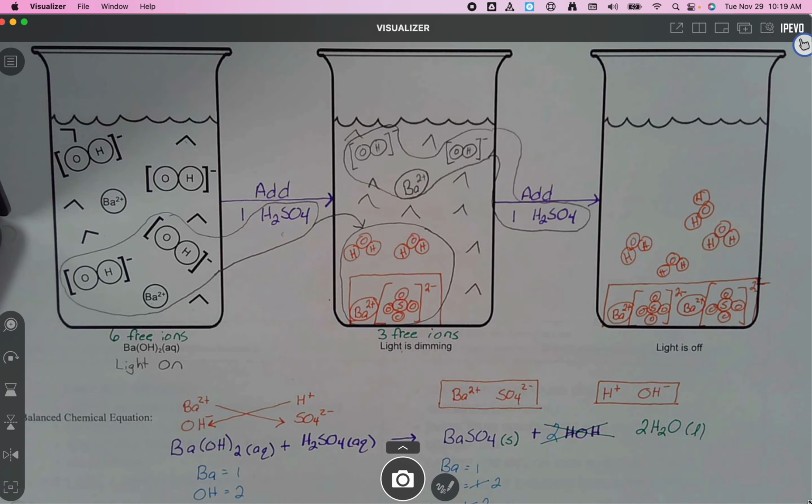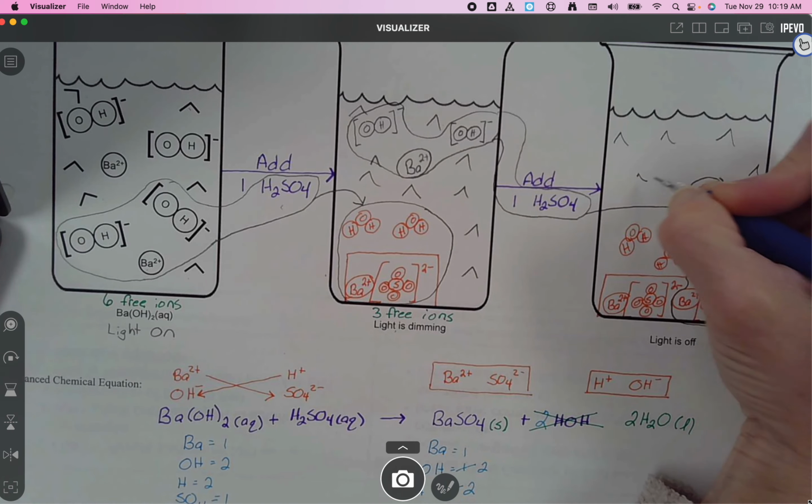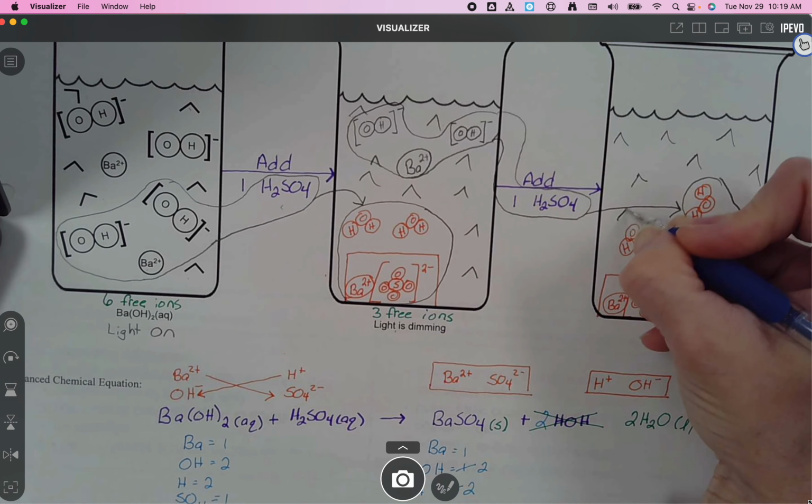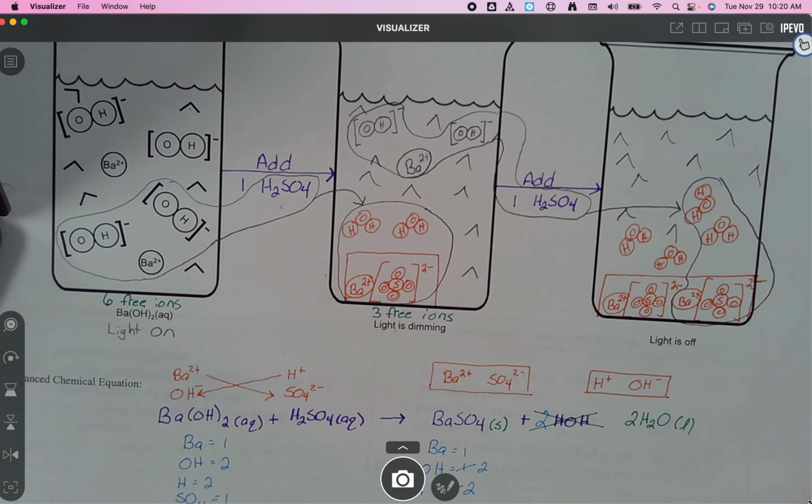That stuff reacted to make that. And now I don't have anything to move. I don't have any leftovers, but I do need to bring all these water molecules, which is now up to 9. 3, 4, 5, 6, 7, 8, 9.